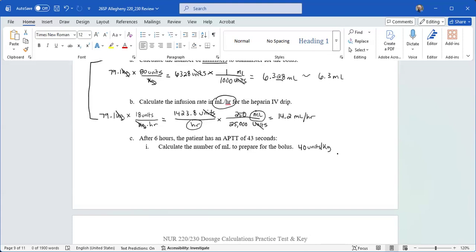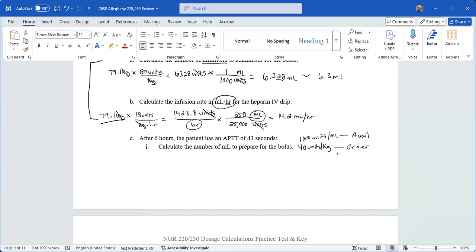Okay. And my available is 1,000 units per kilogram. Or I'm sorry, units per milliliter. So this is my order. This is my available. And then the patient weight is still the same. It's still that 79.1.